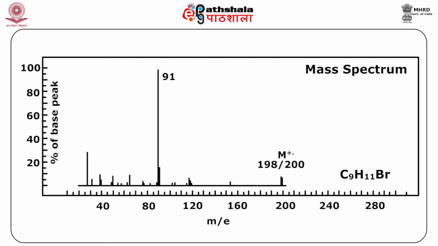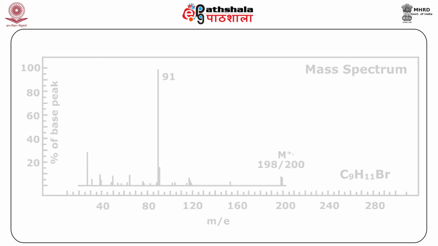The presence of bromine is also confirmed from the molecular formula, which is given to be C9H11Br. The peak at 91 indicates the presence of a phenyl ring attached to a CH2 group. This is the fragment which gives us the base peak of 91.